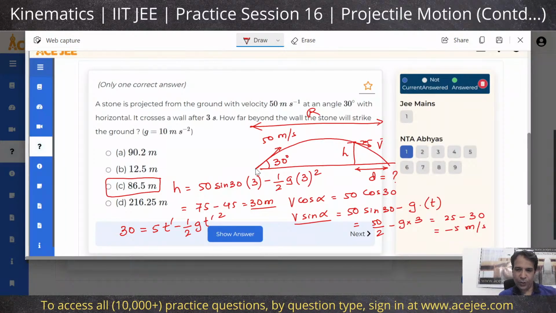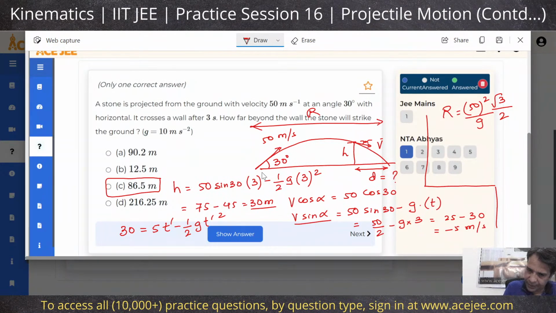Sorry, I'm just playing around here, but make sure that I write it down. So R is simply u squared, that is 50 squared, sine of 2 theta, that is sine of 60, divided by g. And what is this distance? Let's call it x. X is equal to 50 cos 30 into time, which is 3 seconds.